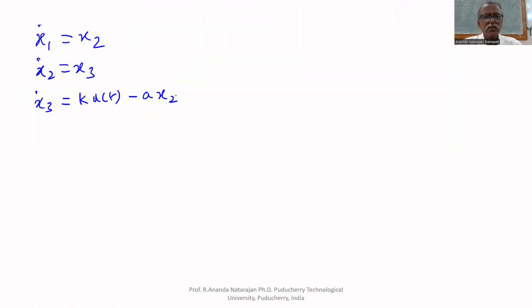x3, sorry. a x3 minus b x2 minus c x1. That's all. So the third order equation becomes three first order equations.